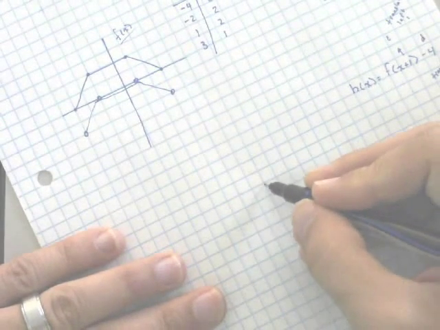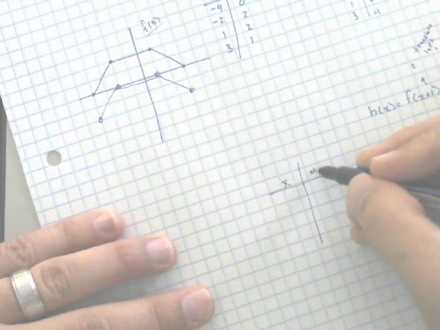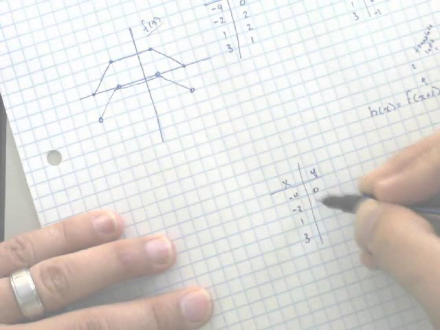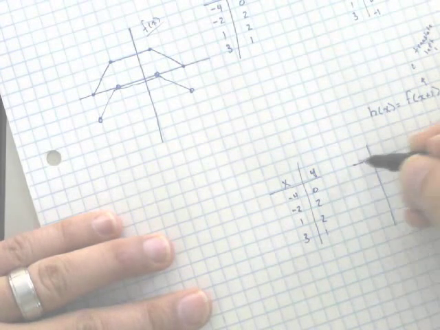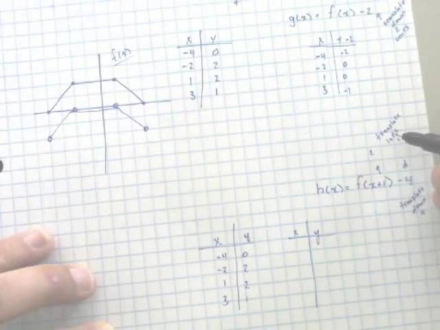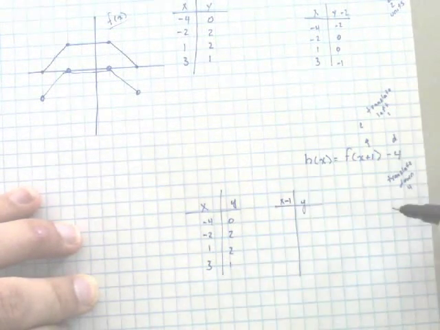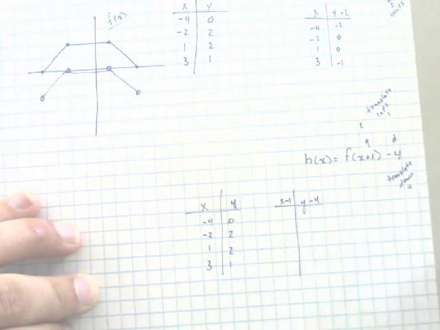So what that means is, if I were to look at my parent points again, and then I were to look at my child points, well, the minus 1 is going to move all of my x's left 1. The down 4 is going to move all my y's down 4.